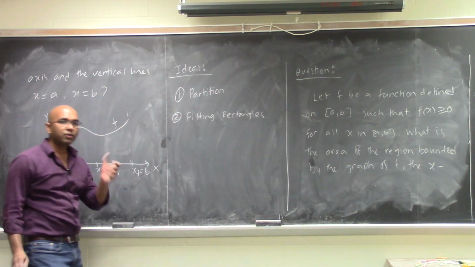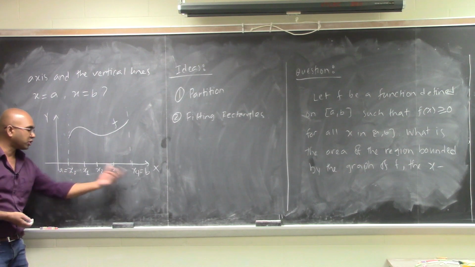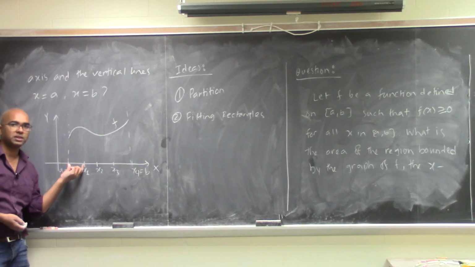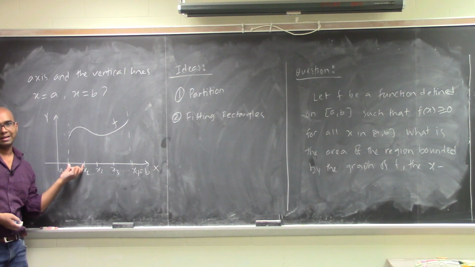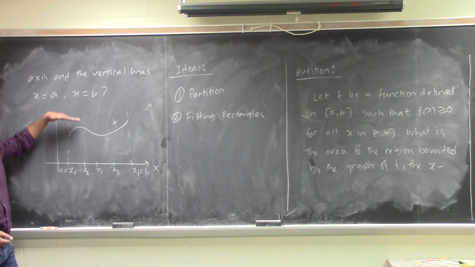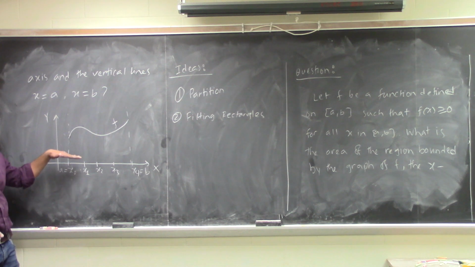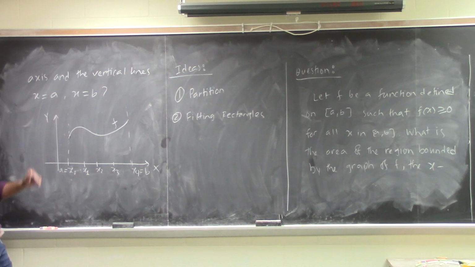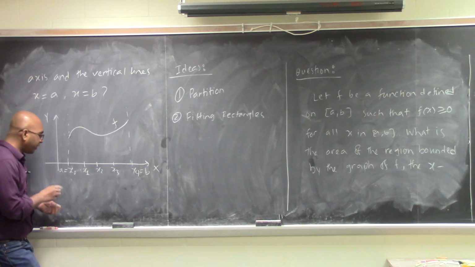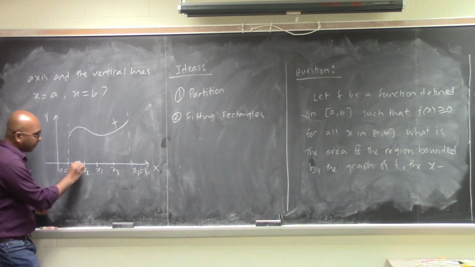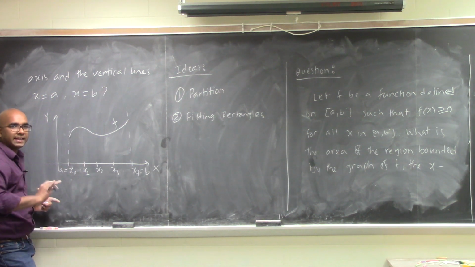So how do you fit the rectangle? Once you choose this partition, this is going to be the width of your rectangle. So that's fixed. But how much will be the length? That depends, and you have a freedom. You can take any point from this subinterval, anything.